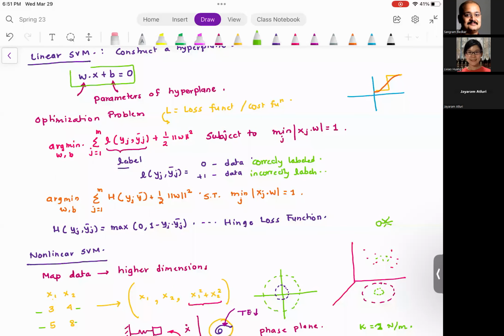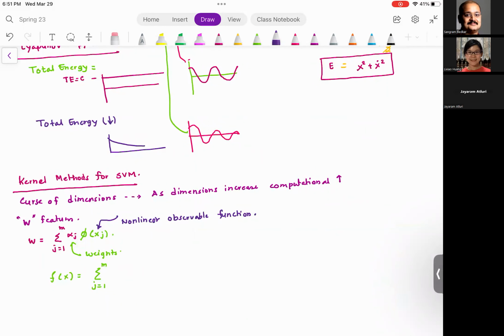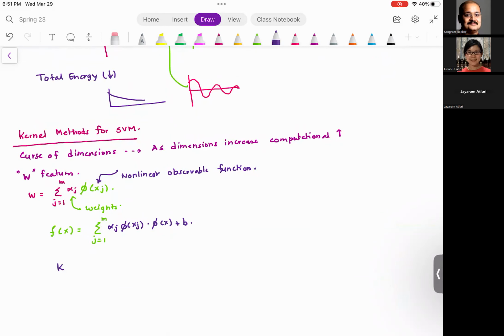This equation can be rewritten in a slightly different fashion as the sum of alpha j times the kernel function K of x j, x, plus b, and the kernel function is defined as phi of x j times phi of x.